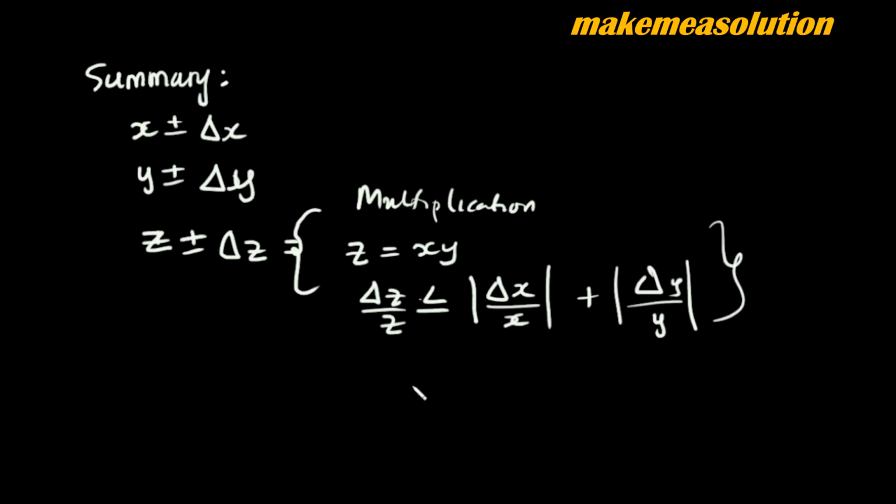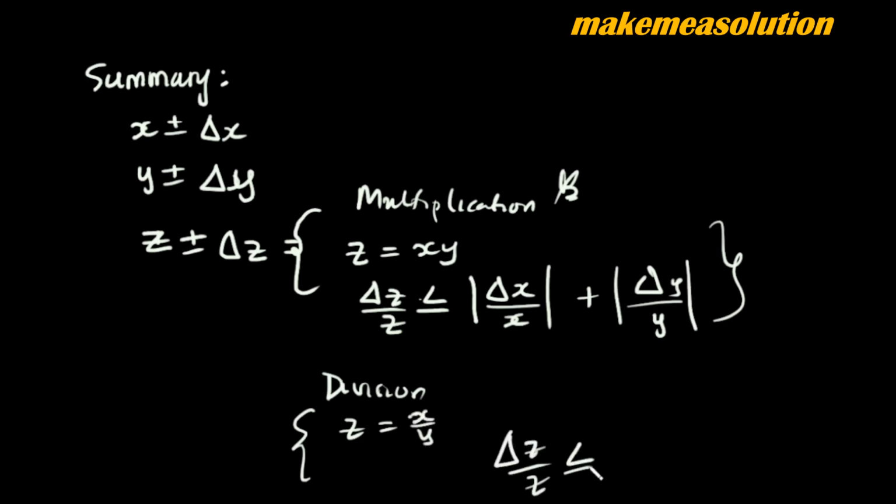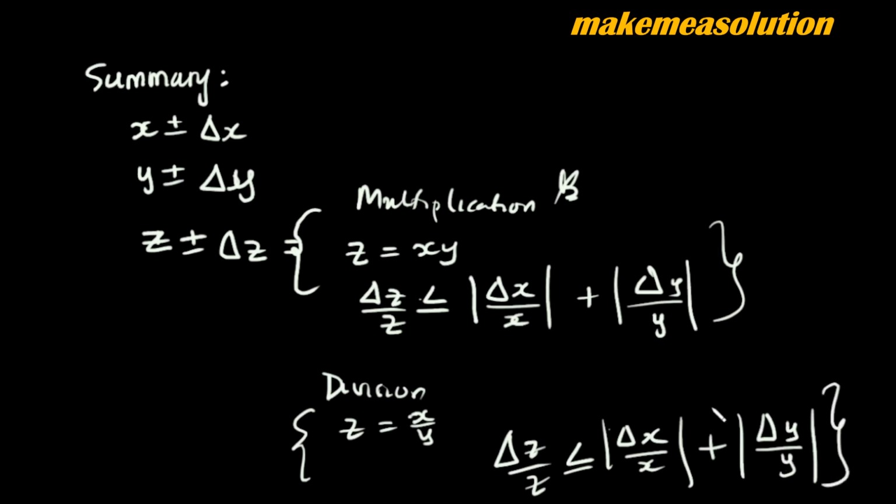Then in the case of division, z will be x over y, then delta z over z will still be less than or equal to delta x over x plus delta y over y, like this. So this is the propagation of errors in division and multiplication.